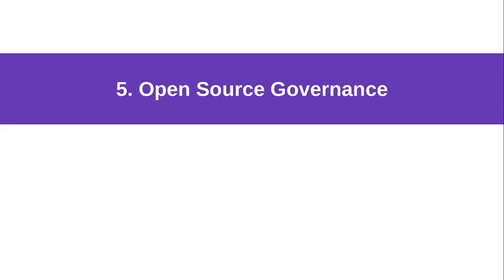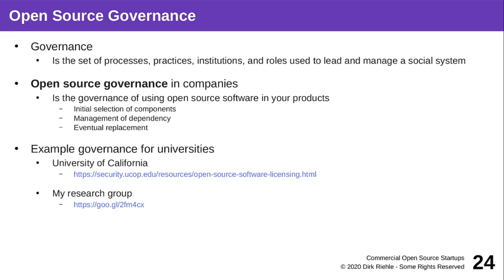Better yet than fixing problems after the fact is to make sure they don't occur in the first place. So if you're a software vendor, these days you should have a so-called open source program office, or someone who is responsible for managing open source in your products. And that's the so-called domain of open source governance.